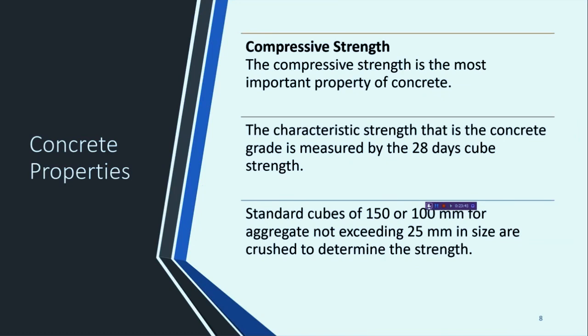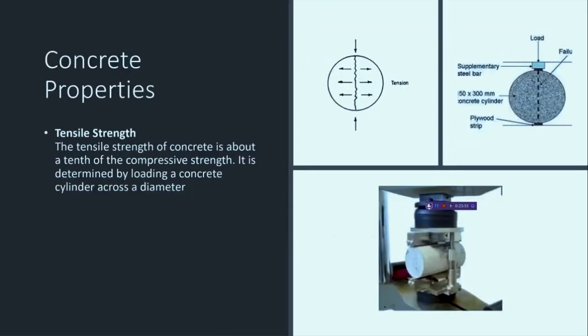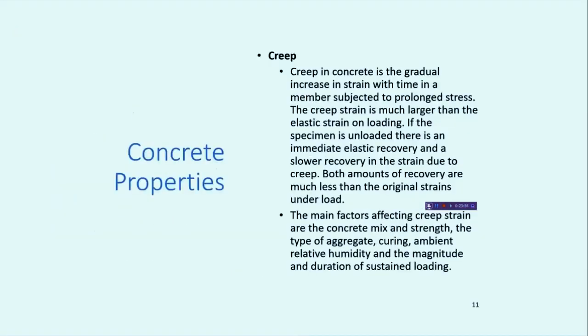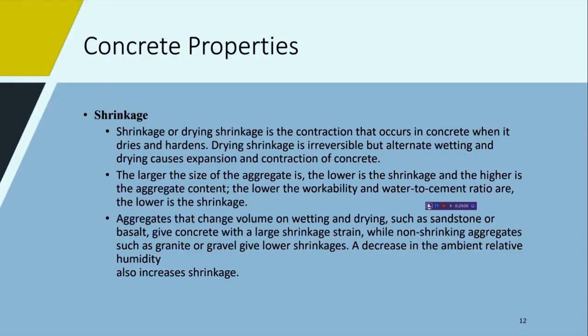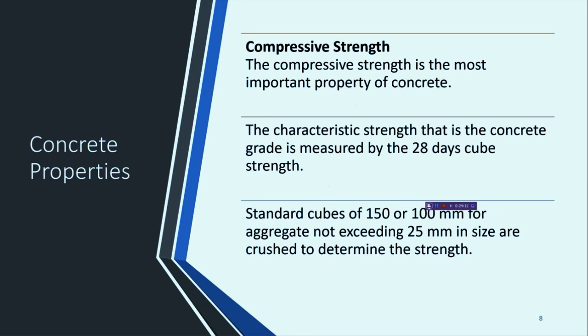We have concrete properties. We have several concrete properties. First of all is compressive strength, and we have tensile strength, modulus of elasticity, creep and shrinkage. The compressive strength is the most important property of concrete.